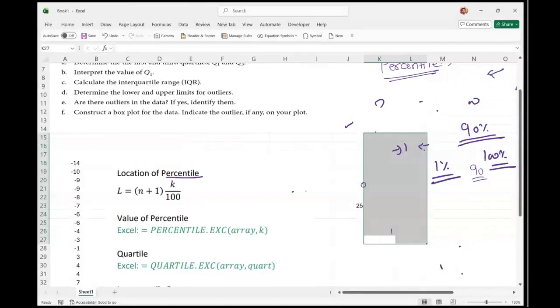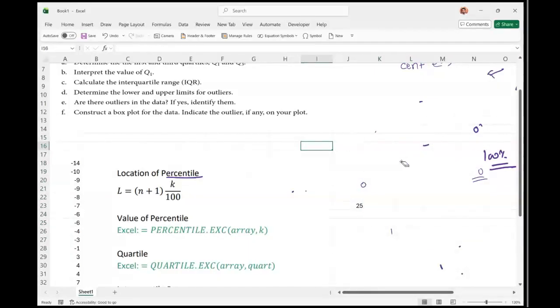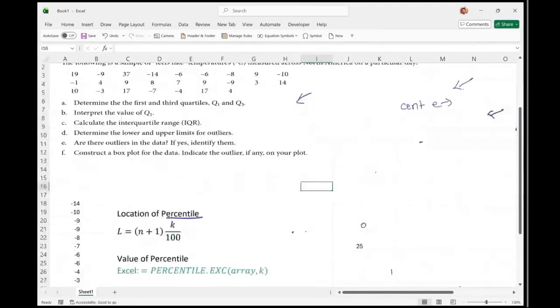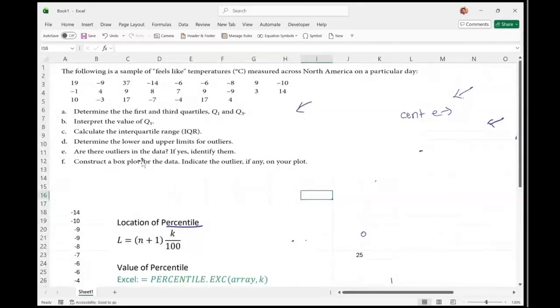First of all, if you are given some sort of data, you must make sure you put the data in ascending order. Whenever we are working with percentiles, this is where a lot of students make mistakes, so please make a note of this. I've seen a lot of students couldn't solve a simple question, because they note down all these numbers and start finding the percentiles and quartiles, but the biggest mistake they make is they don't put the data in serial order.